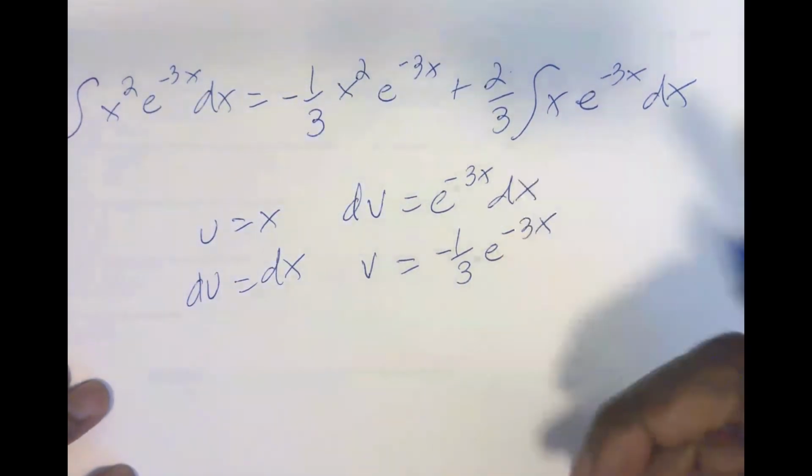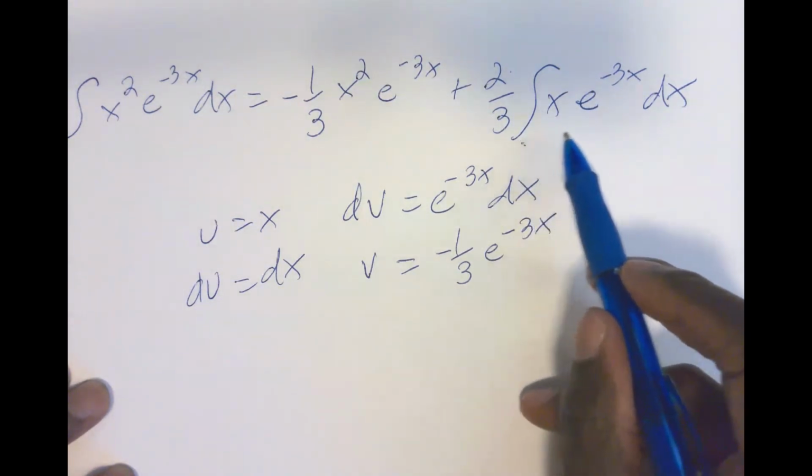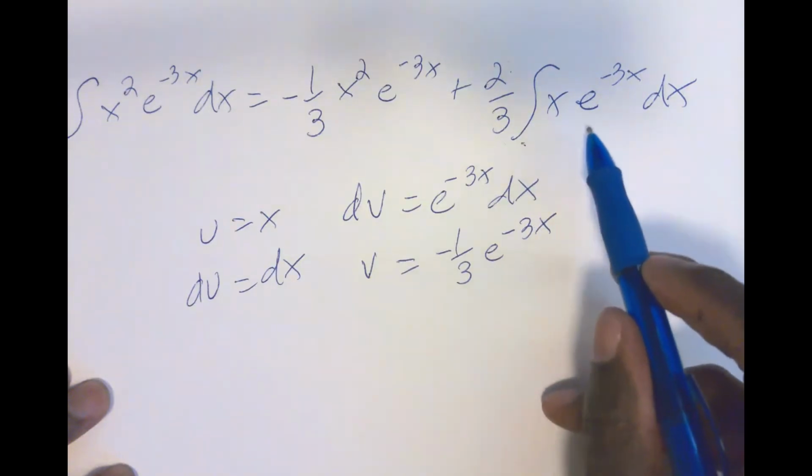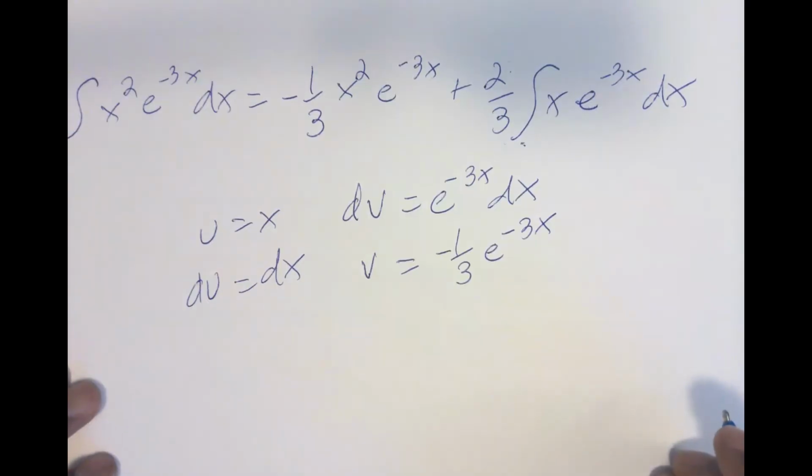And what I'll do right now is I'll just write the integral of just x e to the negative 3x, and then I'll multiply by 2/3, and then I'll bring everything into the process, if that makes sense.